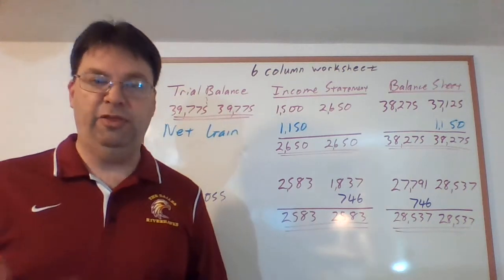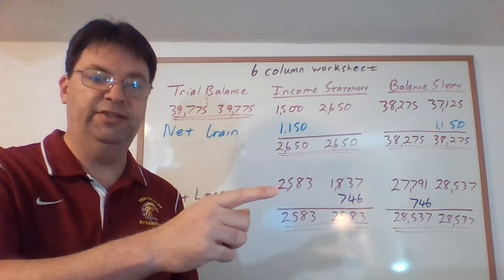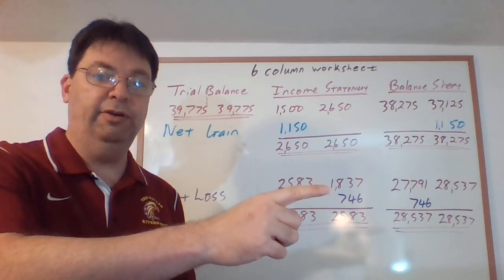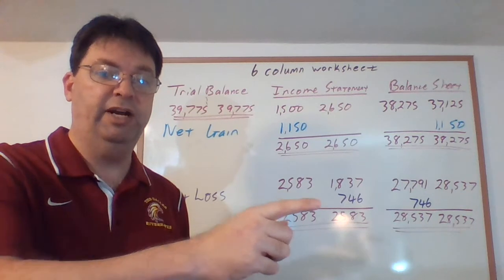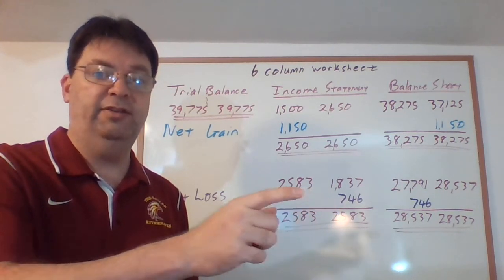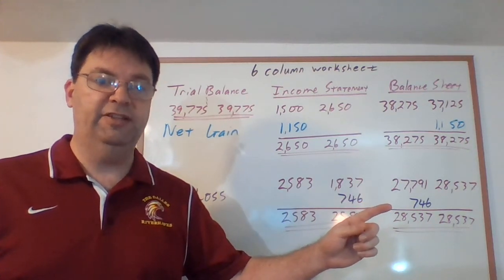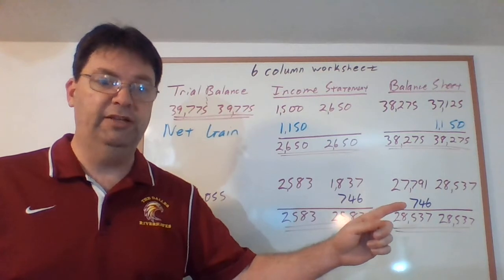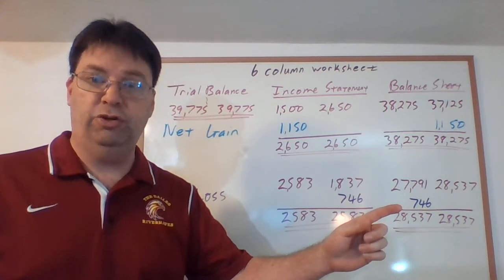Okay, but the thinking behind it is, what's going on here is that this means the expenses are greater than your revenue, and so the difference between your expenses going higher than your revenue is this amount, and that is how much you lost. All right? And that'll be reflected in the value of your business, because now you're that much, what is it, $746, short.